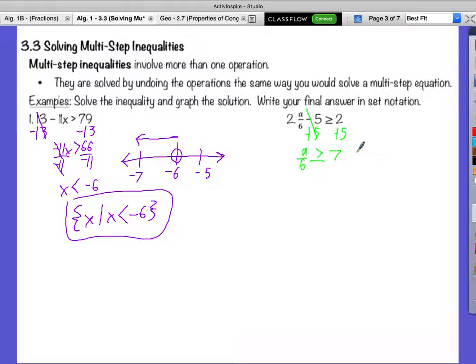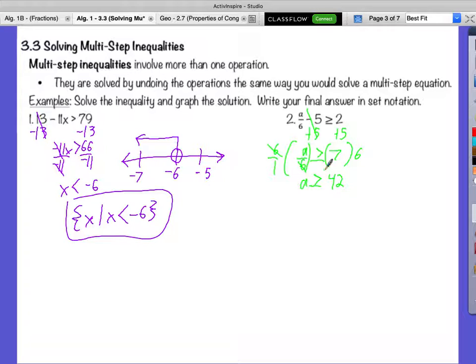How do we get a by itself now? Maddox, what would you do? Multiply by 6. So we're going to get 6 over 1 if that helps us. A is greater than or equal to what? 42. Can someone tell me why we didn't flip our sign here?